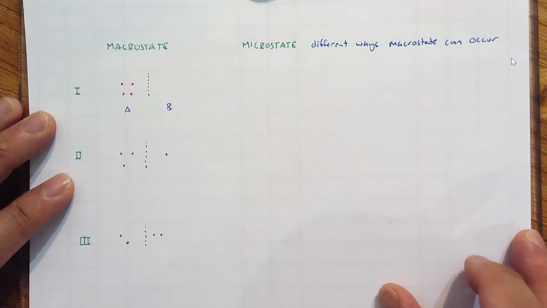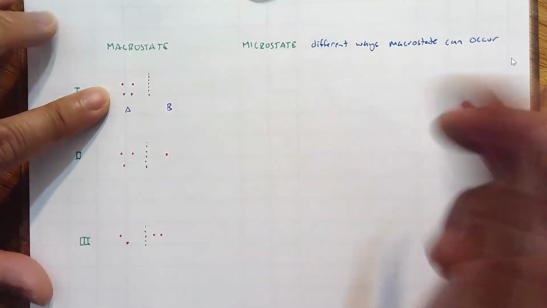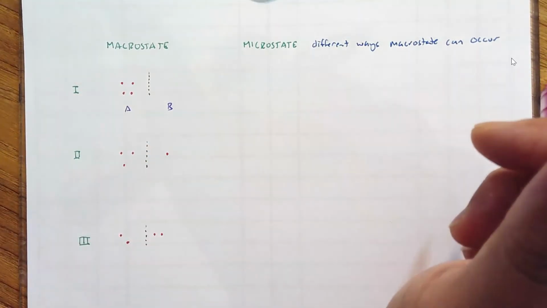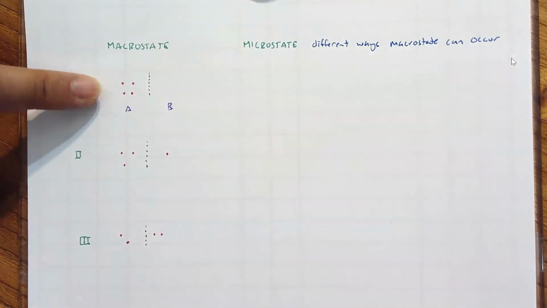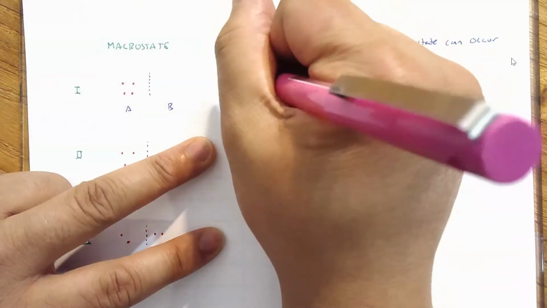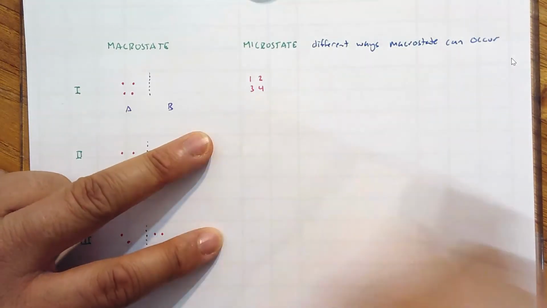This is the game we're going to play. We are going to number these 1, 2, 3, and 4, but the only microstate that can occur that gives us the same energy as this macrostate is if we have 1, 2, 3, 4. Again, it doesn't matter the order.